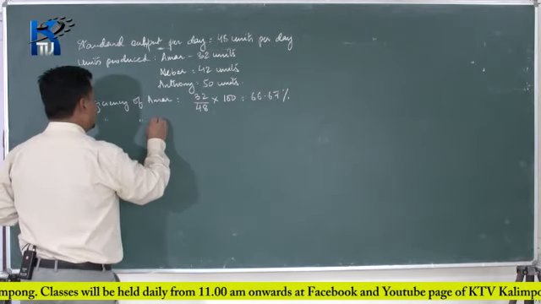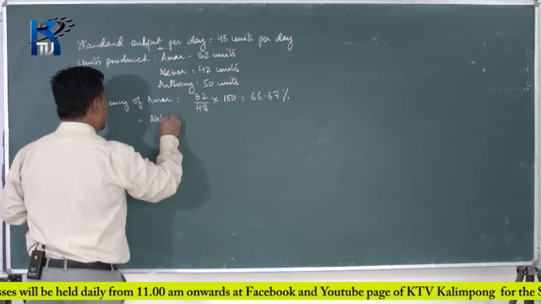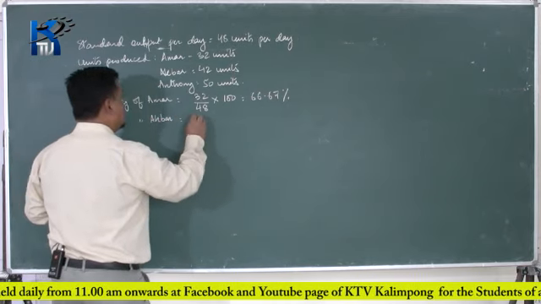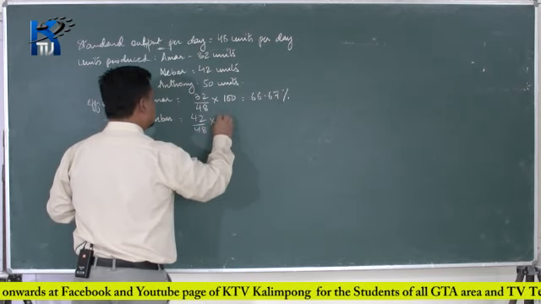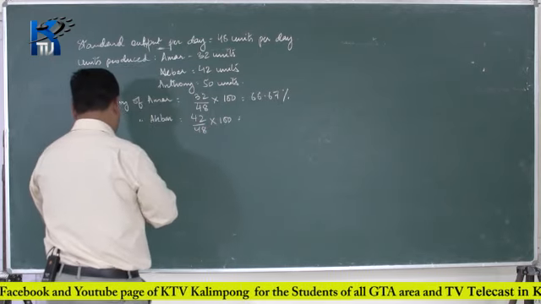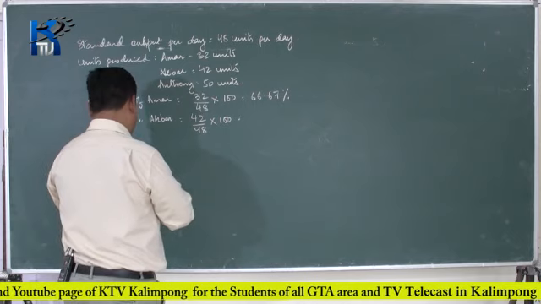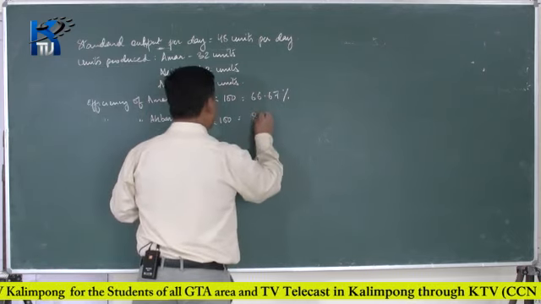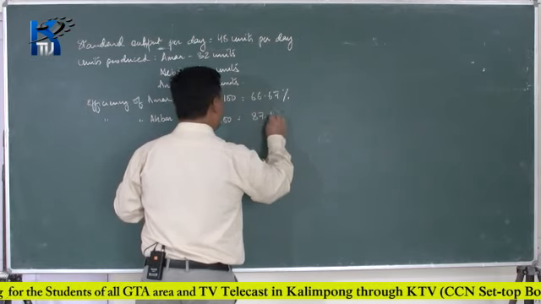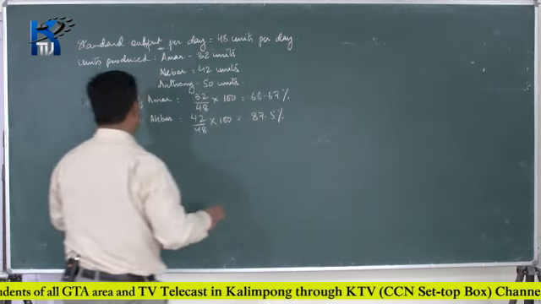Efficiency of Akbar: Akbar produced 42 units out of 48, into 100. It amounts to 87.5%.